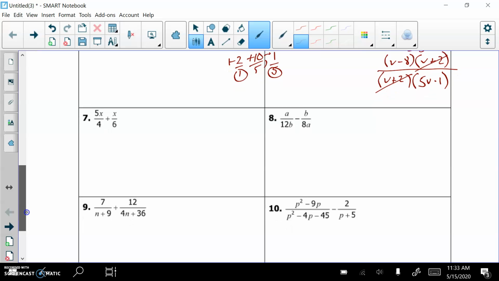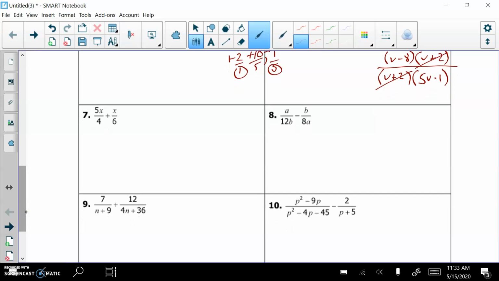Moving on. Number 8. What's my common denominator going to be here? 24ab. Numerically, 12 and 8 is 24. Take both variables. And now we need to make each one look right. A over 12b. Well, the 12b needs to become 24ab.